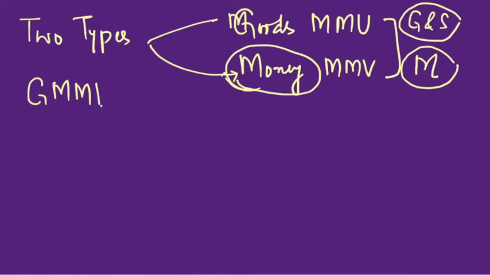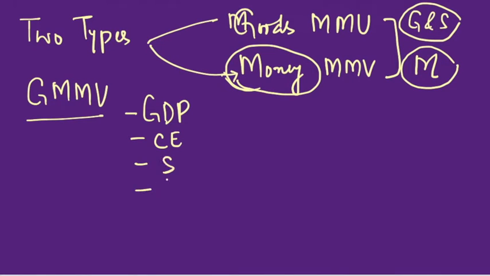Take the case of GDP. It's a goods market macro variable. Similarly, you can take consumption expenditure. It's a goods market macro variable. Saving, then investment, then we have government revenue, and then government expenditures.